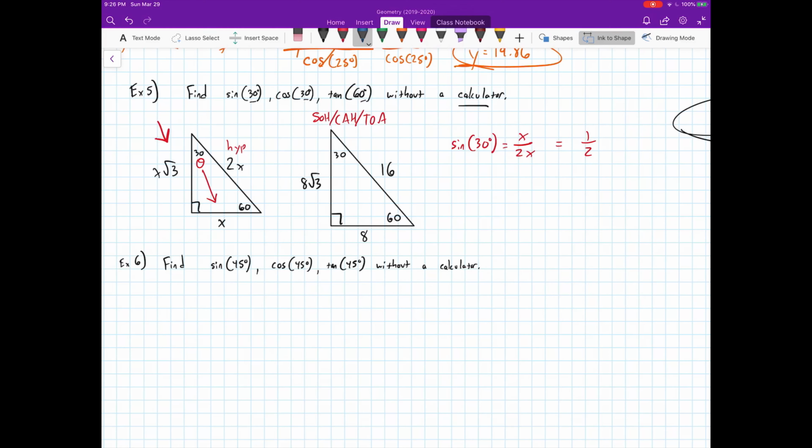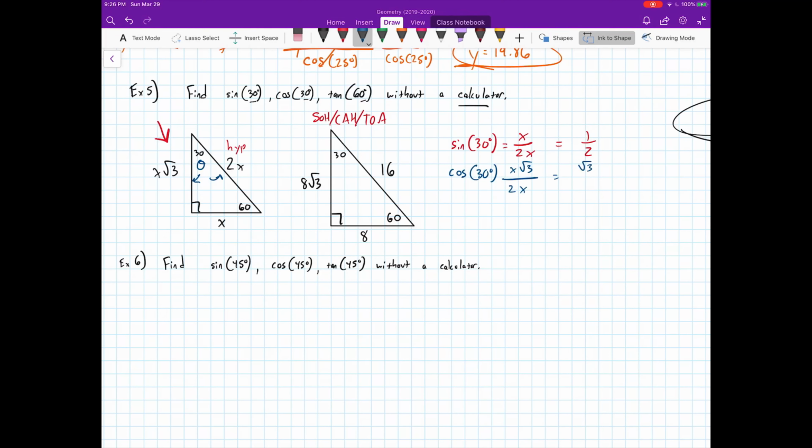Okay? Then cosine of 30 degrees. Again, 30 is my key here, right? So 30 is right here, but this time it's adjacent over hypotenuse, right? So this time it's x root 3 over 2x. In this case, the x's will go away, right?